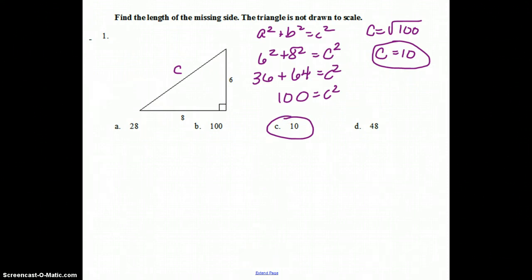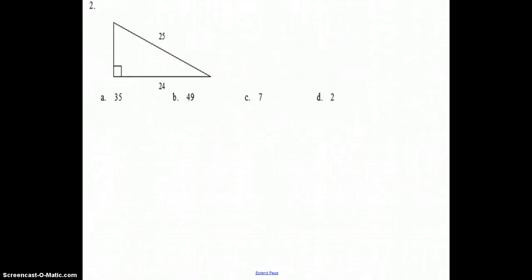Okay, next one. Another missing side one. It looks like in this one, our c value is there, 25. So I'm just going to mark this x. So x squared plus 24 squared is going to equal 25 squared. 24 squared is 576. 25 squared is 625.